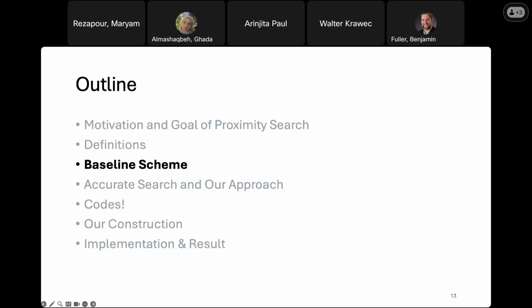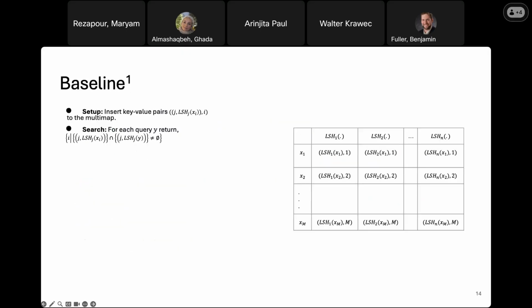Now having all these primitives, let's see how the baseline scheme works. For the baseline scheme, the same as before, we have setup and search. Now we are going to use the definition of multimaps and LSHs to construct the baseline scheme.